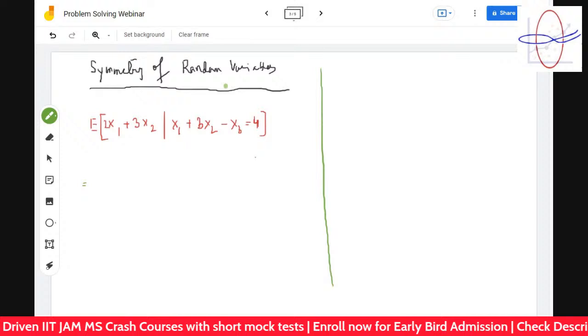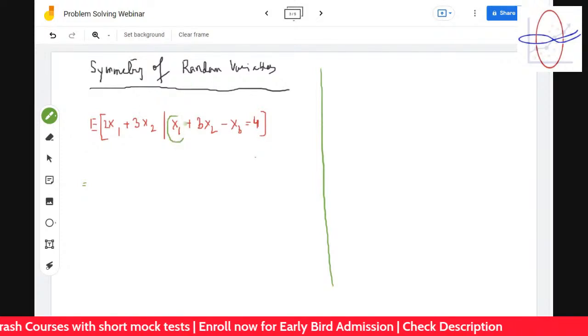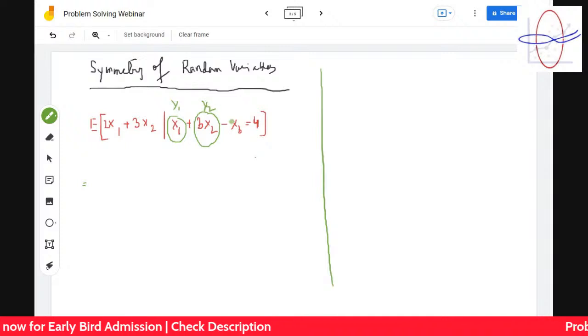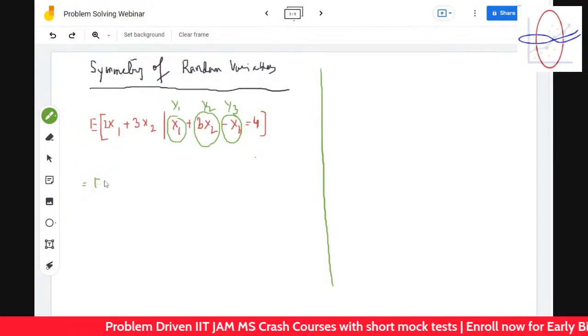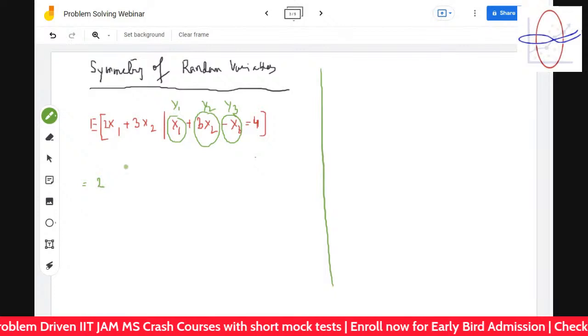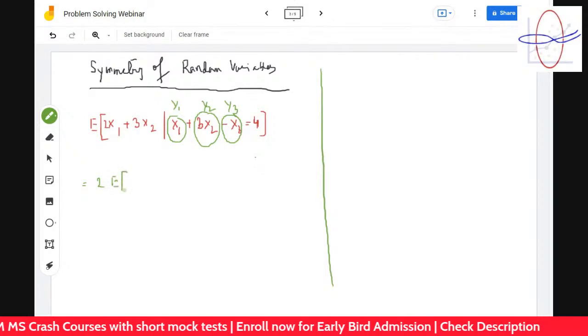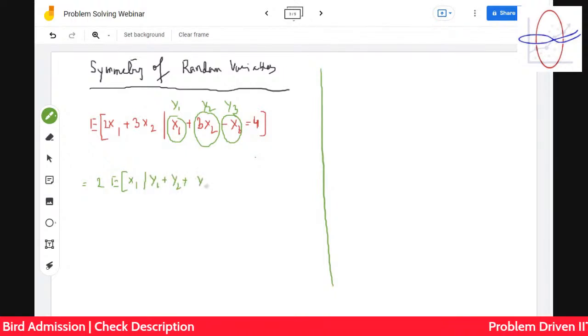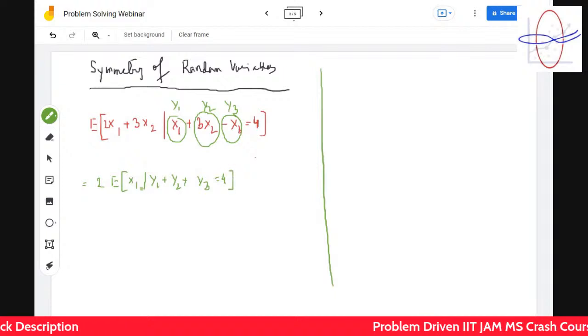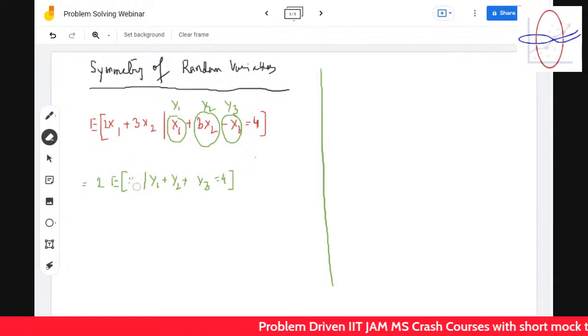Let's call these y1, y2, and y3. So finding this is equivalent to finding twice the expectation of x1 given y1 plus y2 plus y3 is equal to 4. Since x1 is equal to y1, I can replace x1 by y1.